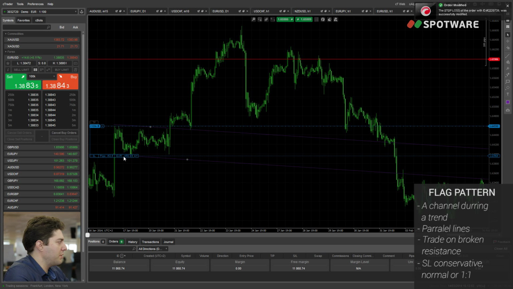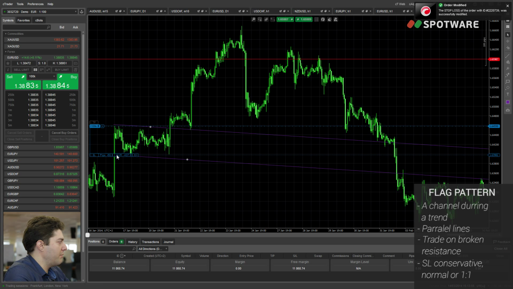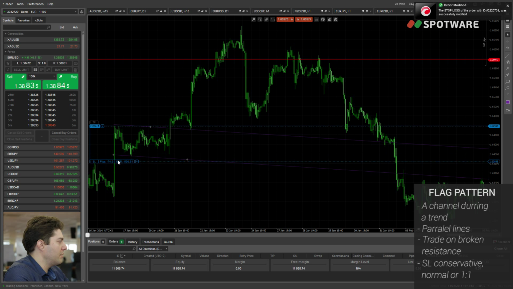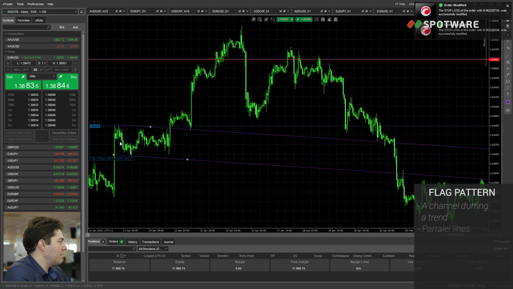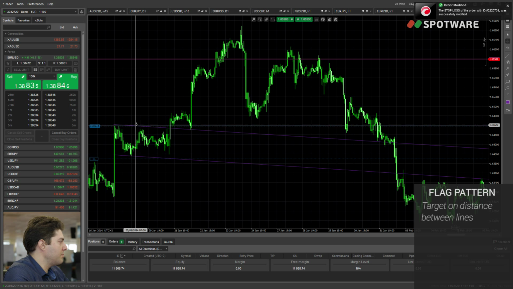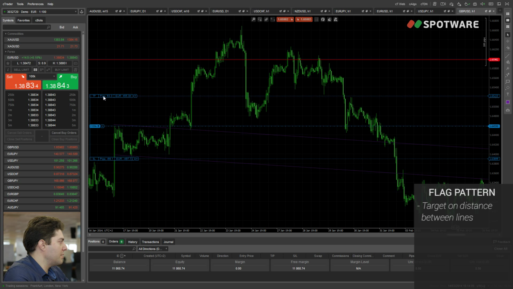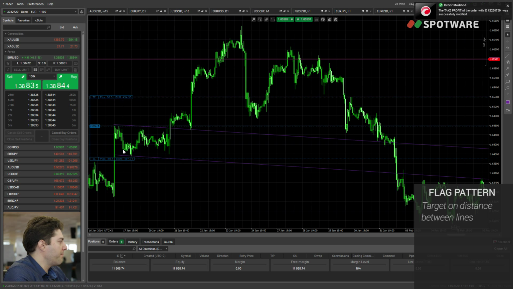Or it can be less conservative, below the previous high of the swing, or 1-to-1 on the beginning of the pattern. Our target is the distance between the lines, pretty straightforward. This was 65, so I'm going to put 60 just to make sure. And that's how you would trade a flag.